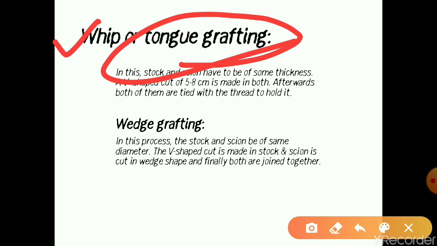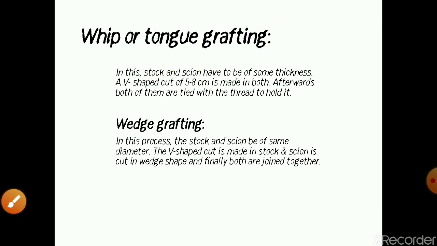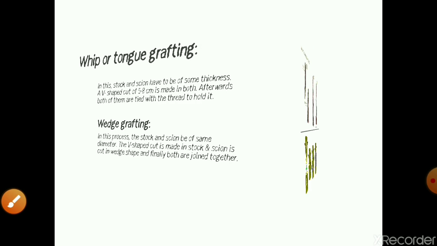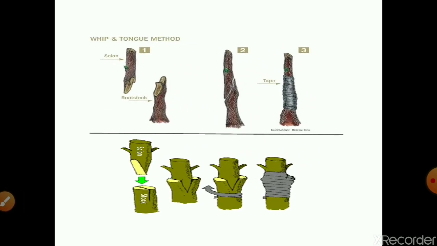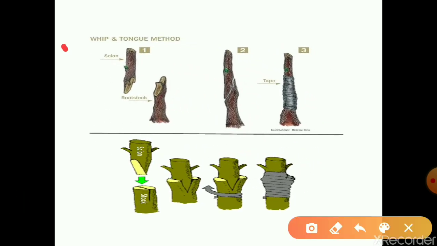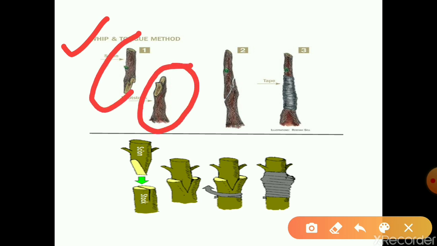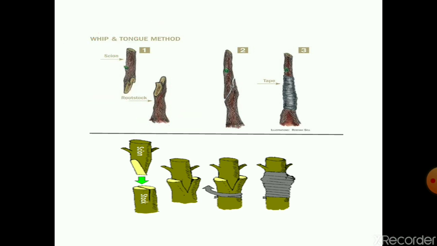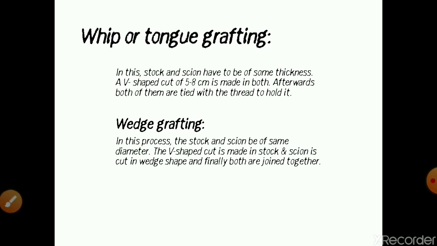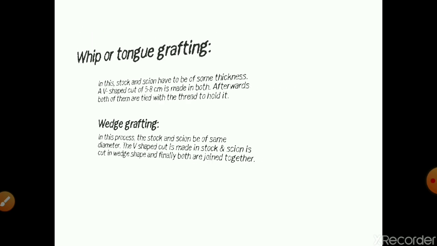In whip and tongue grafting, stalk and scion have to be of the same thickness. Please see the diagram. This is the whip or tongue method. This is stalk and this is scion. A V-shaped cut of 5 to 8 centimeters is made on both.